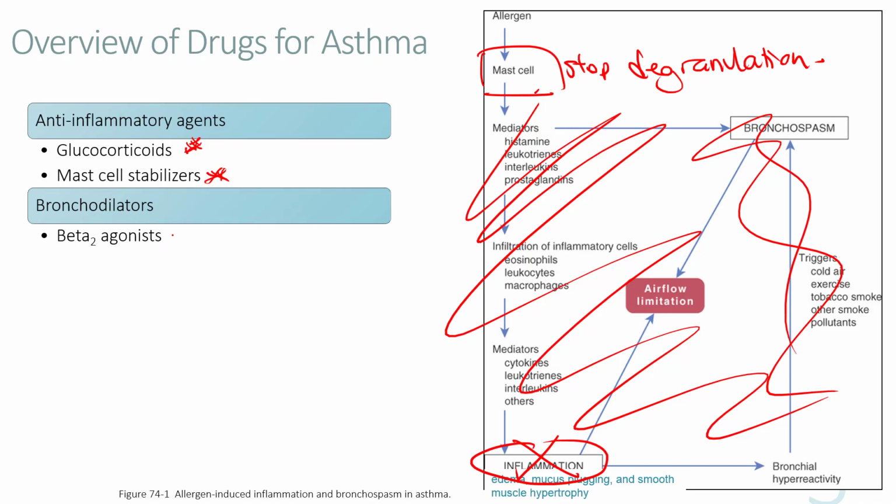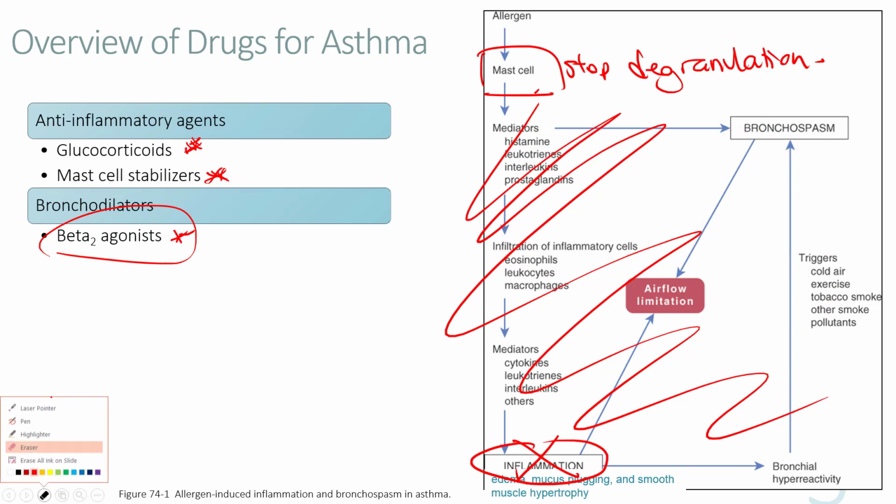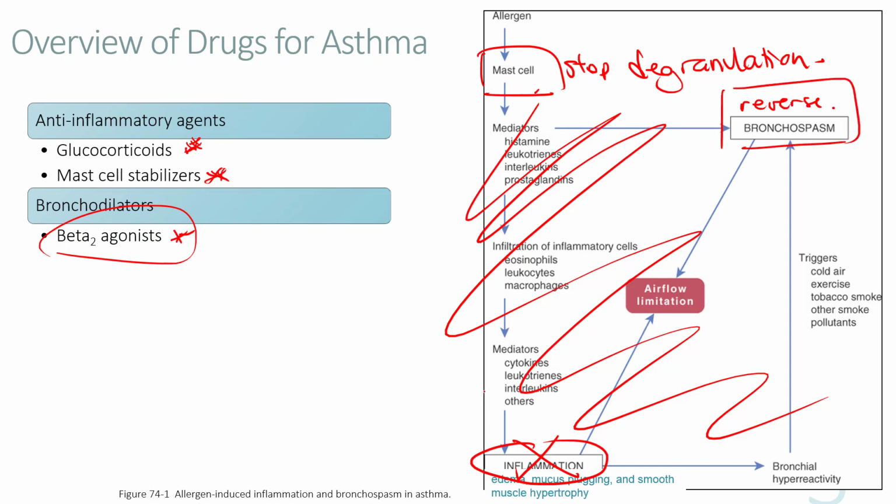The third group of drugs is bronchodilators, and Beta2-Agonists are the main group of drugs for this. And what bronchodilators do is they reverse the bronchospasm. So these are three groups of drugs that are used to actually treat or manage asthma attacks.